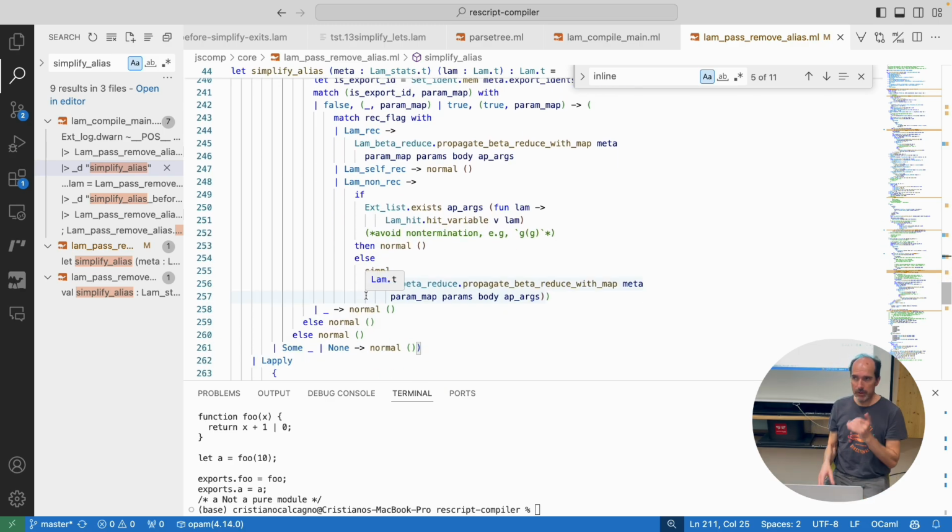This is one of the parts that came up quite a lot when async functions were introduced, because you cannot inline async functions. First of all, the semantics is not preserved, and then you also break the generated code, because you put things that are in an async context and you print them in a way which is not in an async context anymore, so it's not even syntactically valid. There were a few places along the compiler chain where this caused a bunch of bugs.